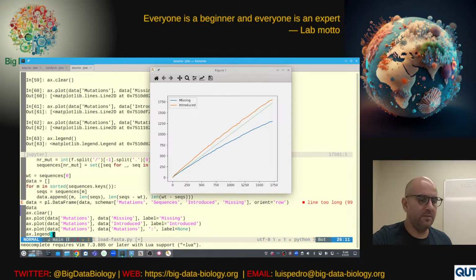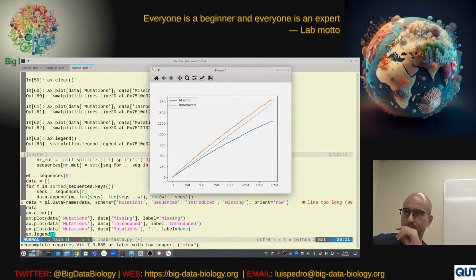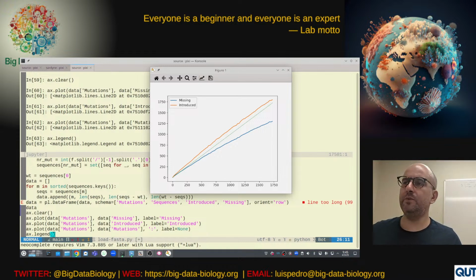Yeah, interesting. I'm not sure. Yeah, this is something we should have looked at already somehow. So this is the number of mutations or the number of introduced sequences. Okay. The number of introduced sequences.